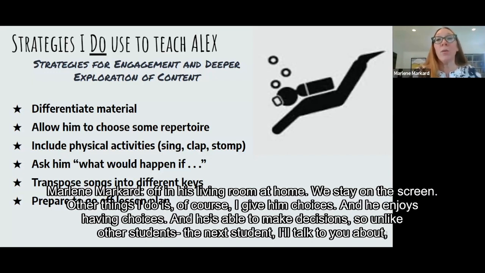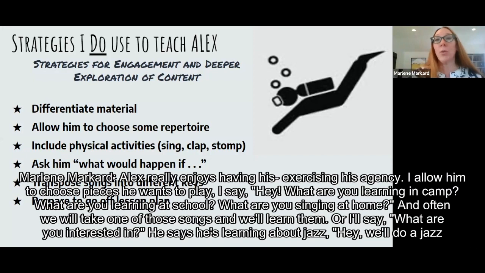Other things I do is, of course, I give him choices, and he enjoys having choices, and he's able to make decisions. So unlike other students, the next student I'll talk to you about, Alex really enjoys exercising his agency. I allow him to choose pieces he wants to play. I say, hey, what are you learning in camp?